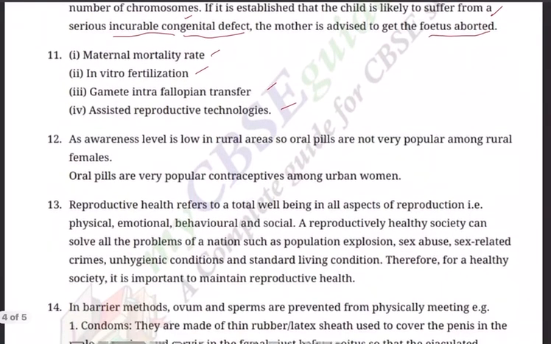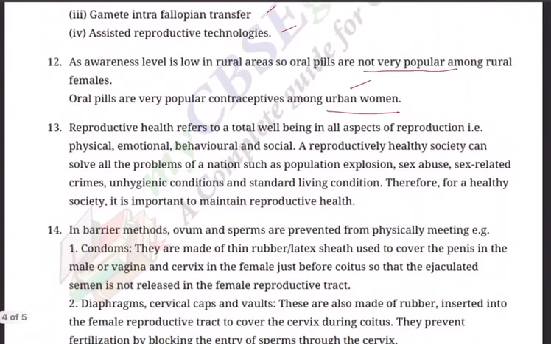Then question number 12. As awareness level is low in rural areas, oral pills are not very popular among rural females. Oral pills are very popular contraceptives among urban women. Okay. Question number 13. Reproductive health refers to a total well-being in all aspects of reproduction: physical, emotional, behavioral, and social.